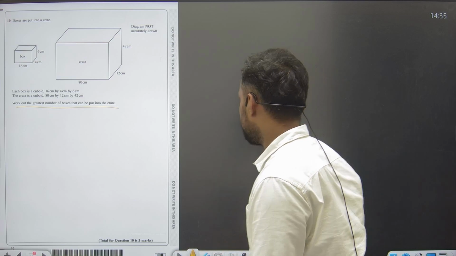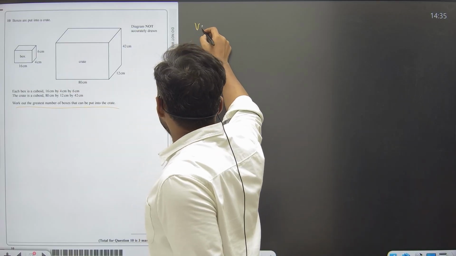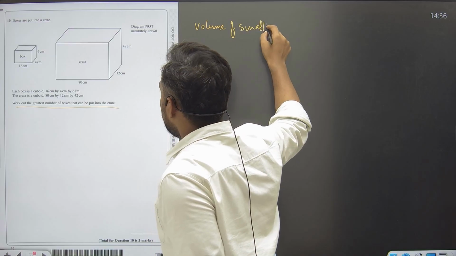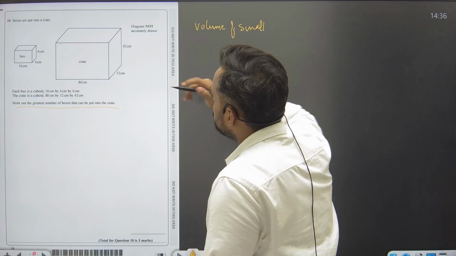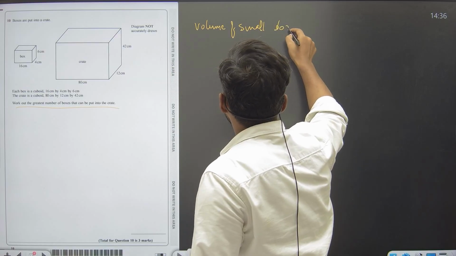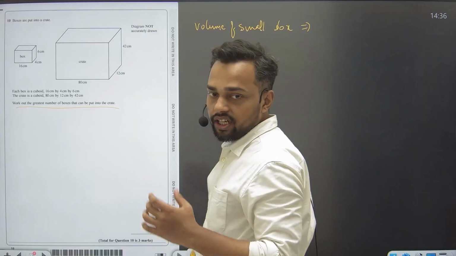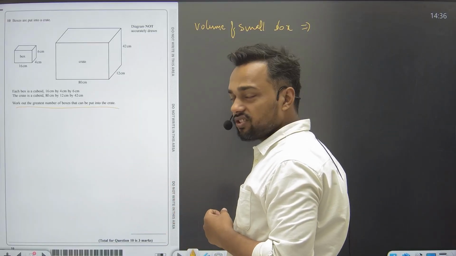See students, what will be the volume of a small box? It is a cuboid in shape. The crate is also a cuboid, and the box is also a cuboid.